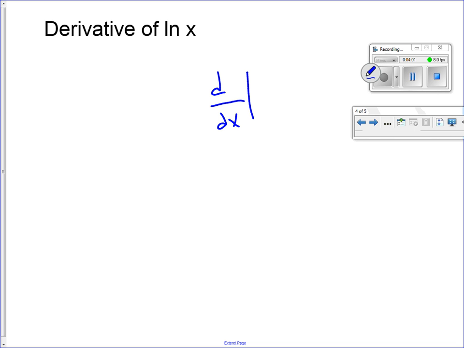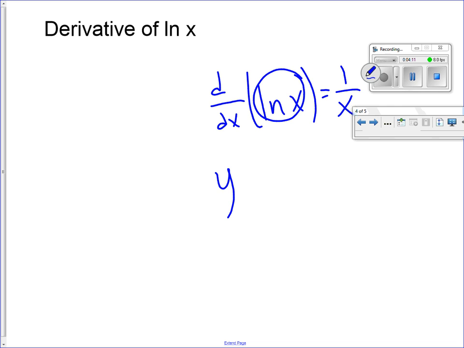So the derivative of the natural log of x is 1 over x. Now, the natural log of x, if you remember the graph of that, it has an asymptote at 0. That's a smooth curve.